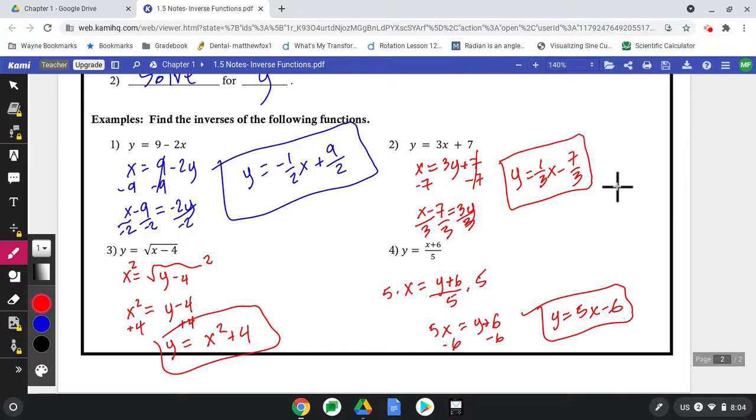Now, one thing I did forget to mention, and we aren't going to talk about this a ton, but just so you're kind of aware, the domain of this is all the real numbers. So the domain of the inverse will also be all the reals. Likewise on number 2 and 4. However, the inverse and the original function share the same domain. So if we look at this original one, y equals the square root of x minus 4, hopefully you guys remember that this cannot be negative, because if we have a negative in the square root, we won't be able to graph it there, right?